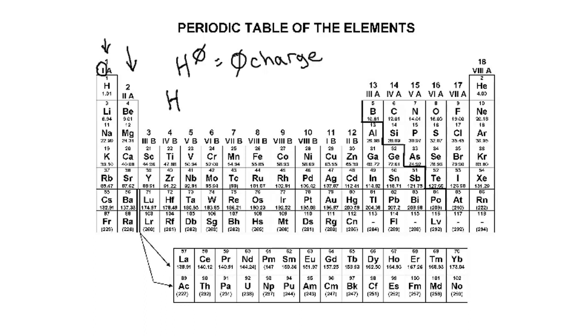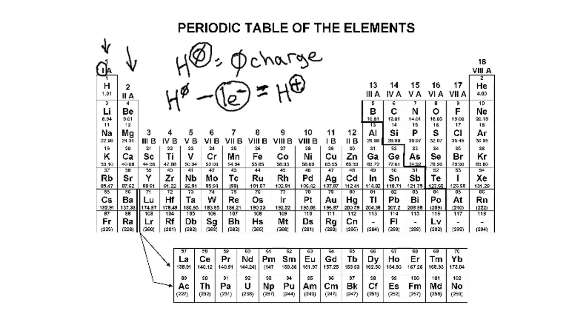So if the hydrogen with a 0 charge gets rid of 1 electron, and electrons are negative, remember, that's going to make that hydrogen positive. See, it had a 0 charge, but it gave away a negative electron, so therefore it's going to have a positive charge on it.